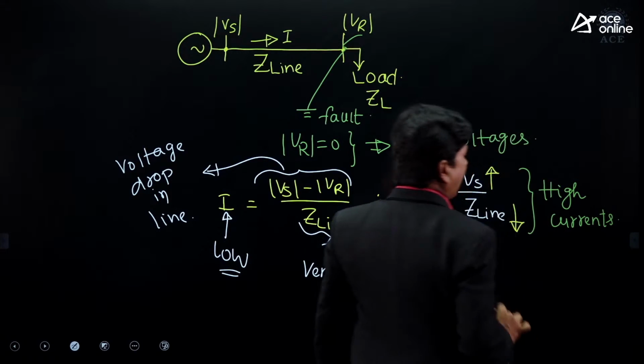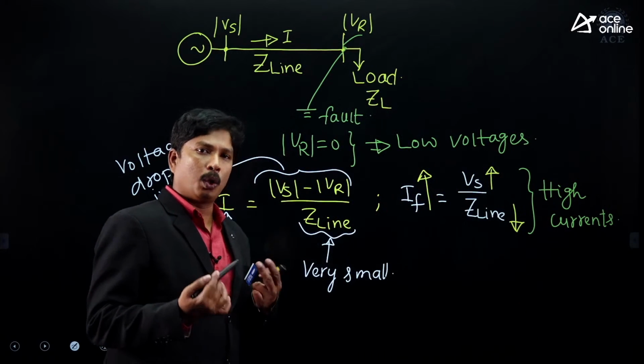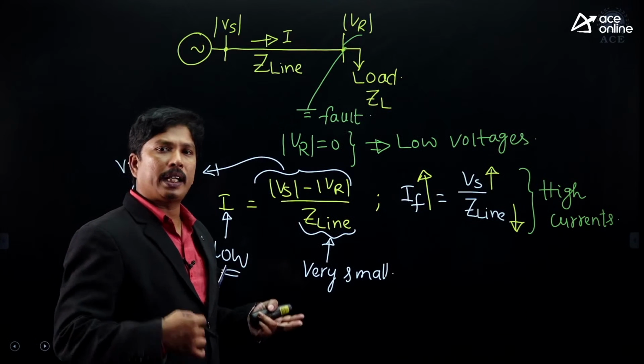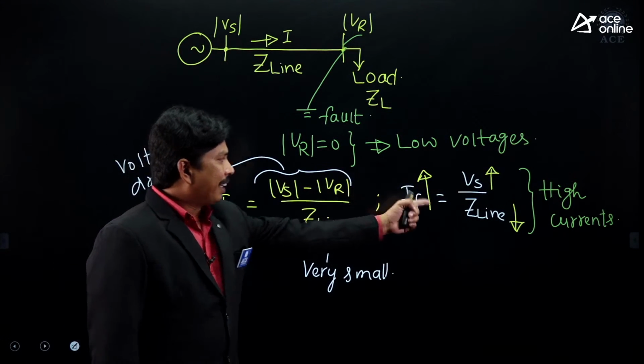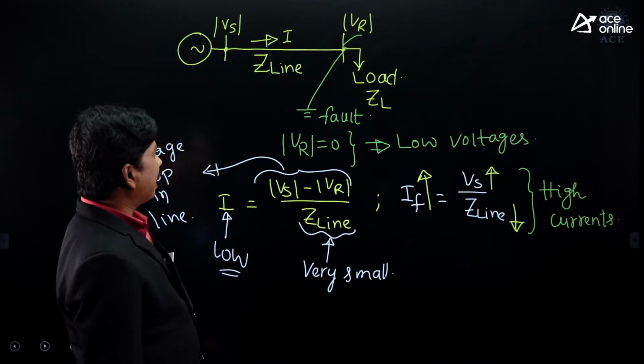So we can categorize the short circuit fault as low voltage and high current. Clear? And also the impedance of the line is approximately inductive in nature.